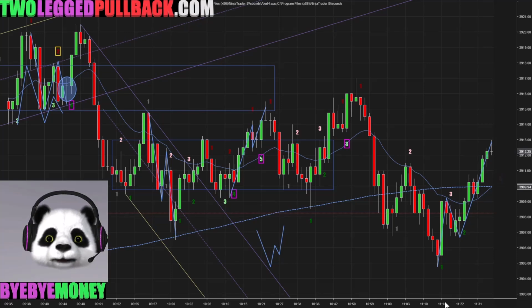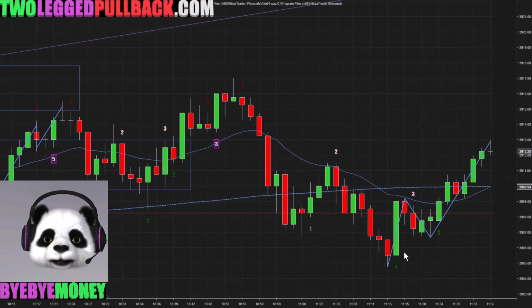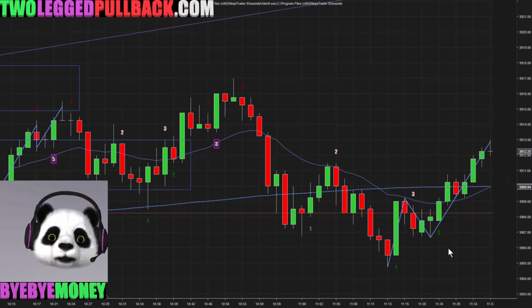I guess a little note on reading the indicator here, it could be helpful for us to know: whenever there are two pullbacks or more, the next reversal will be a second entry. As you can see here, this number 2 means there are two legs up, that this is the second leg up, and so the next reversal will be a second entry.